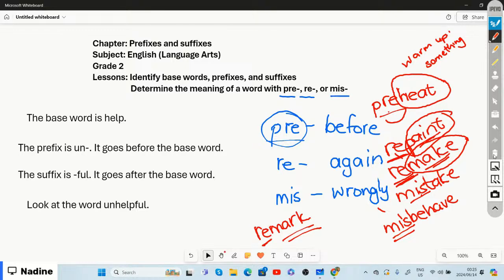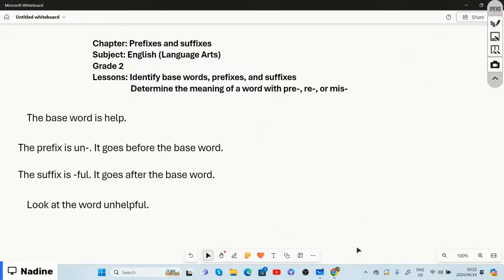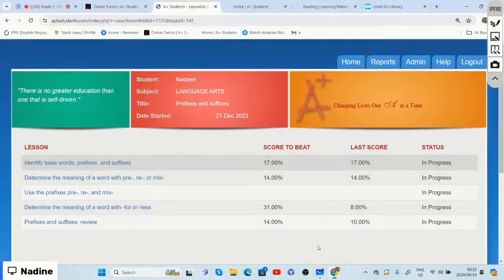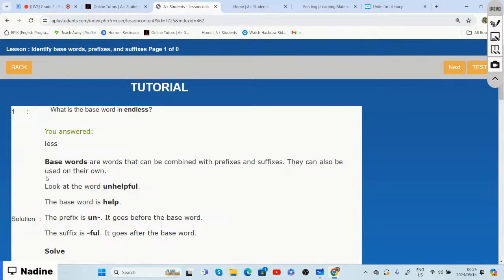So let us go to A plus students.ca. And then we go to our first lesson, which is going to be to identify base words, prefixes, and suffixes. That is correct. Make is our base word. We can put basically any prefix or suffix to the word make, and then it will change the meaning of that word.